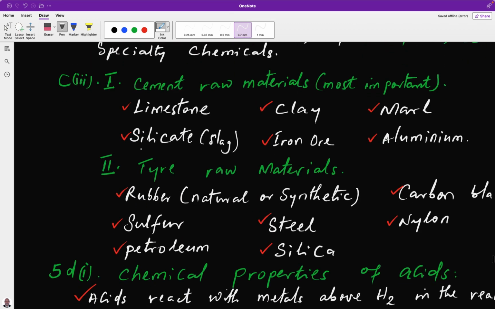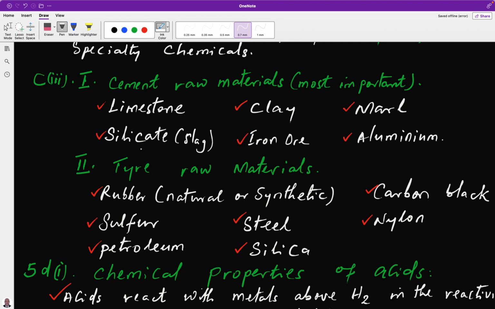The raw materials that are required for large-scale production of cement, these are the major ones: limestone, that is calcium carbonate, clay, marl, silicate, iron ore, that is iron(III) oxide, and aluminum. Secondly, the raw materials needed for large-scale production of tires include rubber, which could be natural or synthetic, carbon black, sulfur, steel, nylon, petroleum, and silica.